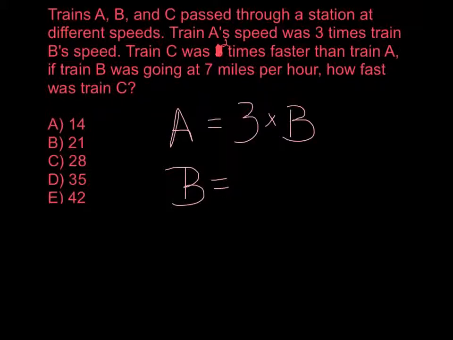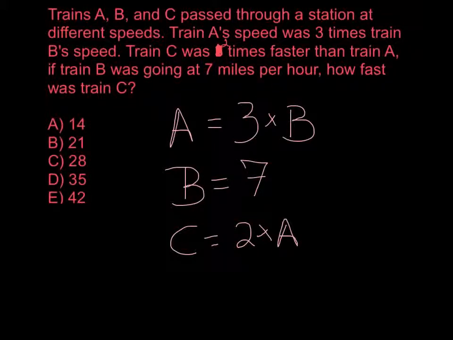Let's go in order with what the question says. We know that train C is 2 times the speed of train A, so that's C equals 2 times A.